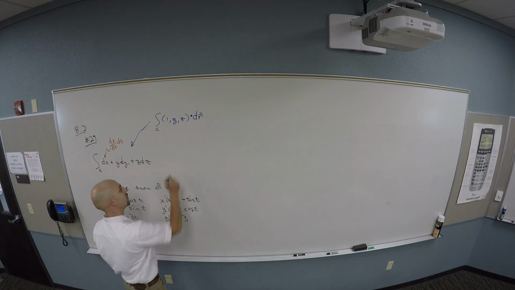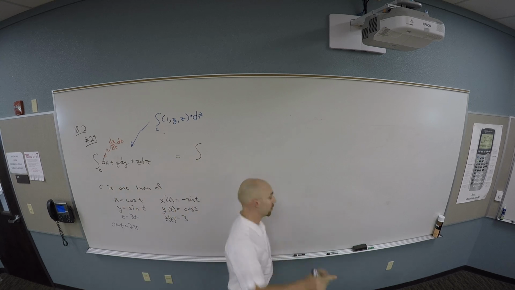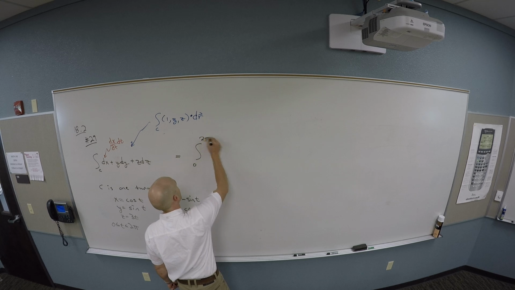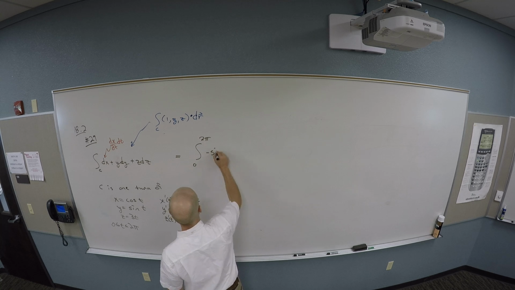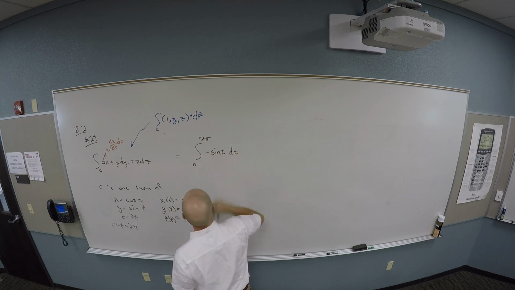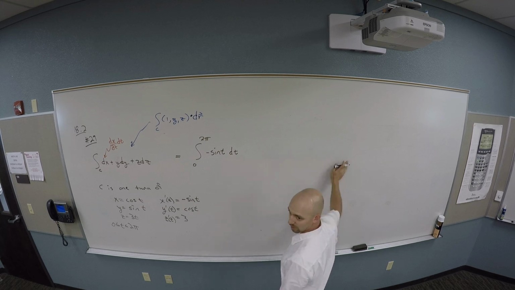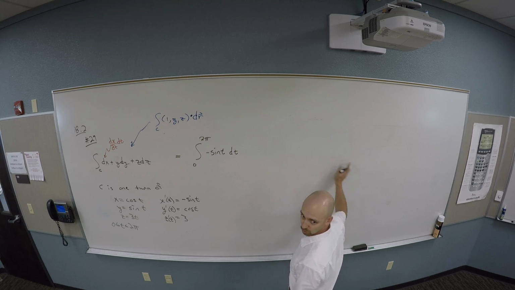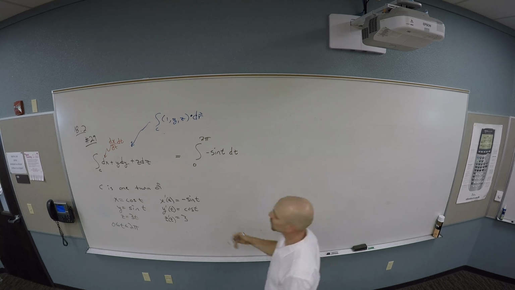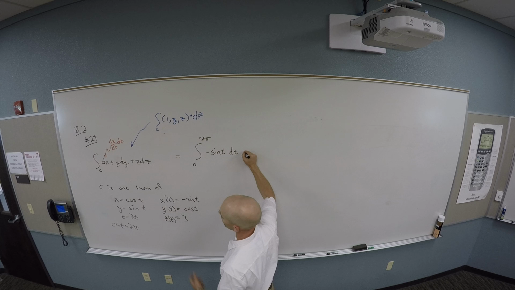Now everything goes in, and my integral becomes the integral from 0 to 2 pi of negative sine t dt. I need a dt either with each piece or at the end, your choice. I'm going to split this into three integrals.